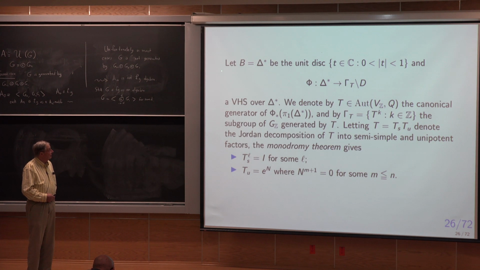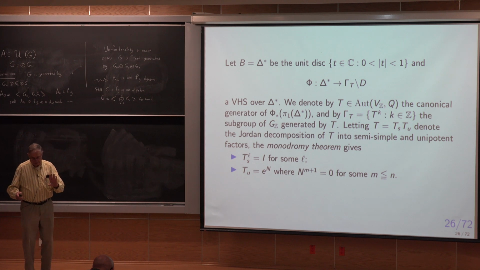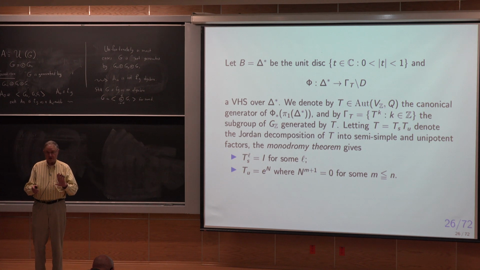For the limiting mixed Hodge structure, here one pictures a family of varieties over the disk, smooth except at the origin where you have some singular thing. You have monodromy. That's the effect of the fundamental group of the base acting on the cohomology of the fiber.